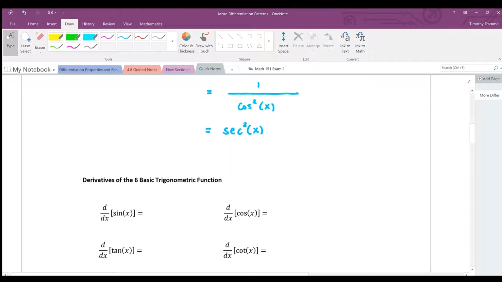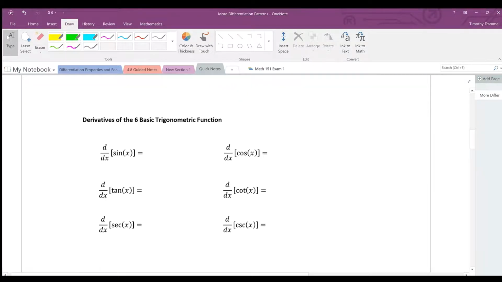Let's go ahead and write down what all these derivatives are. Okay. So again, we already have some of these. For instance, the derivative of sine is cosine of x. And the derivative of cosine of x is minus sine of x. And then we have the derivative with respect to x of tangent of x, and we already found that one.